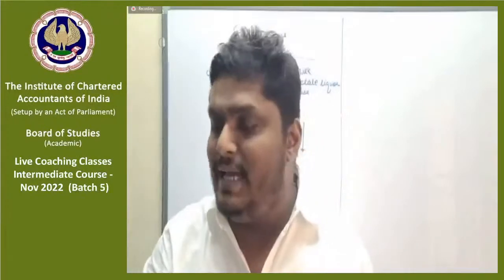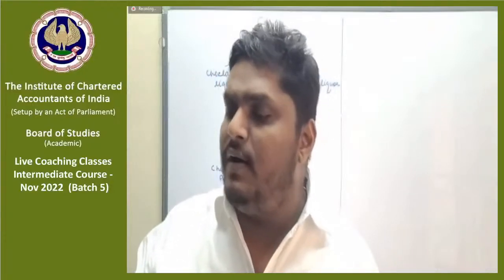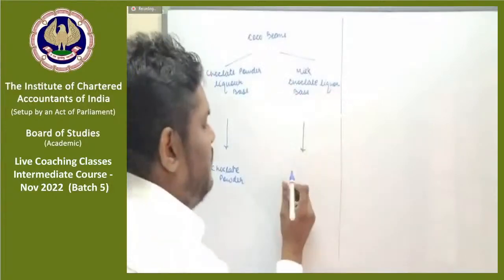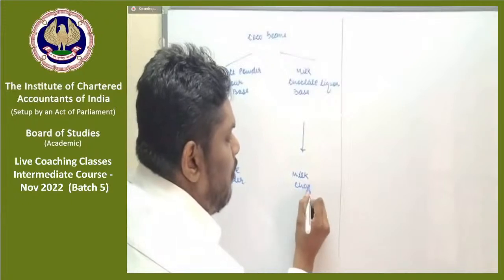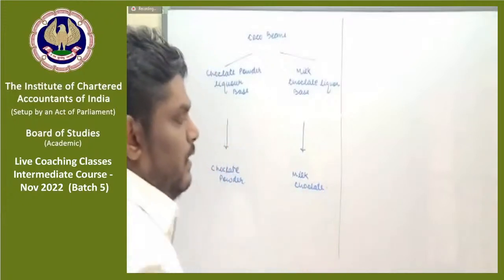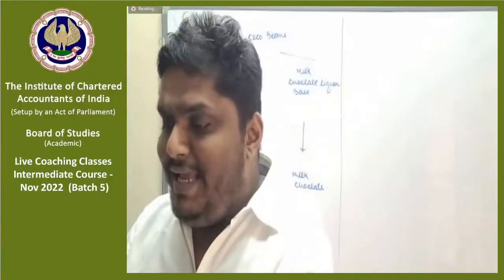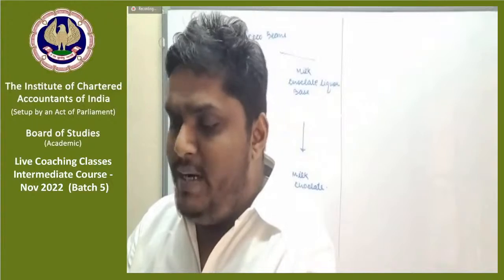I'll be discussing this calculation also. Further, the milk chocolate liquor base is further processed into milk chocolate. Every 30 gallons of milk chocolate liquor base yield 340 pounds of milk chocolate.